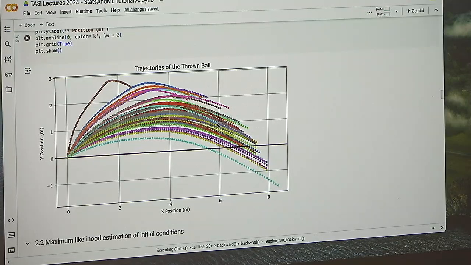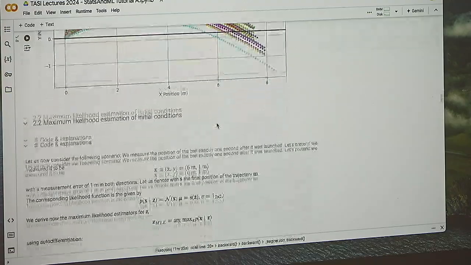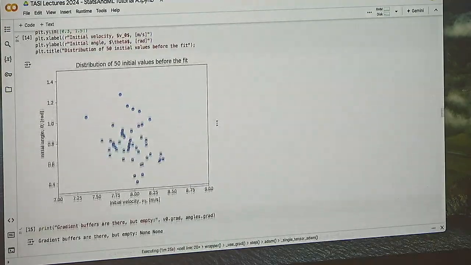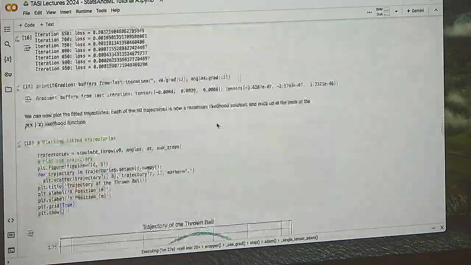So that's a specific measurement of the ball position after 1 second. And then one could ask, what's the posterior probability of the initial launching trajectory, in terms of velocity and in terms of angle?